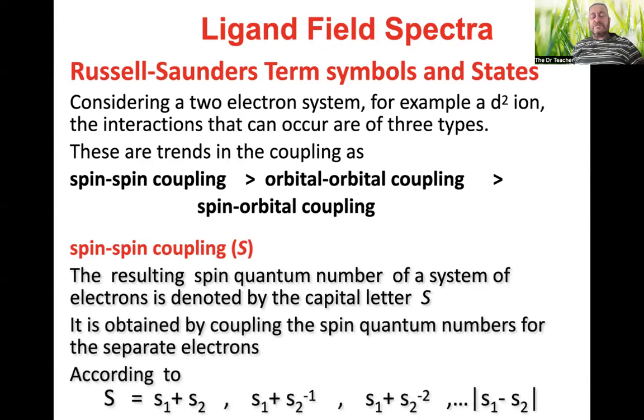You have two electrons, each has a spin, so there is S1 plus S2, or S1 plus S2 minus 1, and so on, down to the absolute value of S1 minus S2, always positive.